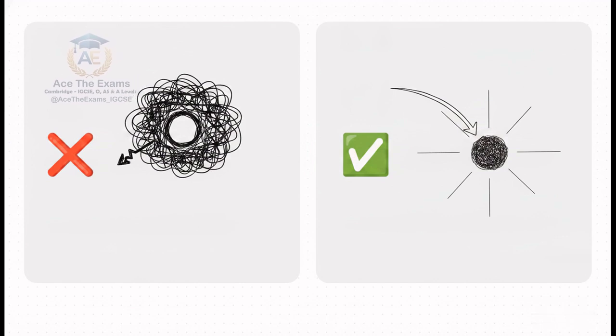Now let's look at the context-specific answer. Alpha particles were repelled, proving the nucleus is positively charged and contains the majority of the mass. Do you see the difference? This one uses highly specific, scientific terms: repelled, positively charged, majority of the mass. It draws a clear, evidence-based conclusion from the data. It follows that PEEL framework perfectly. It's a night and day difference, and it is exactly how you secure every single method mark available.